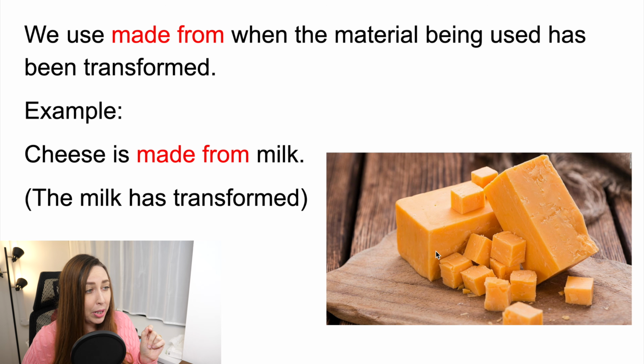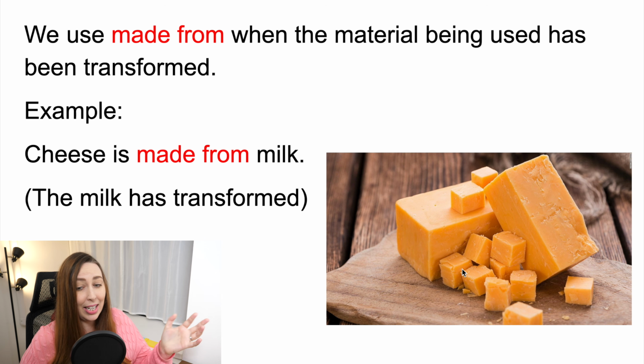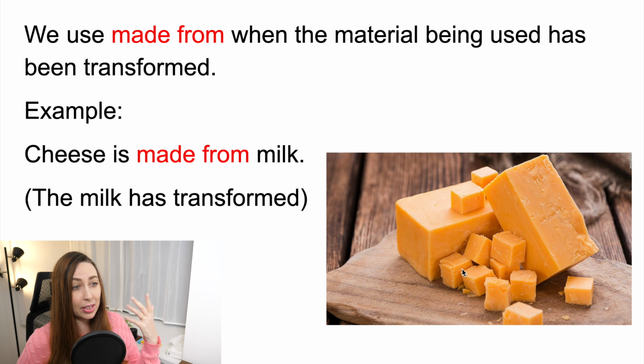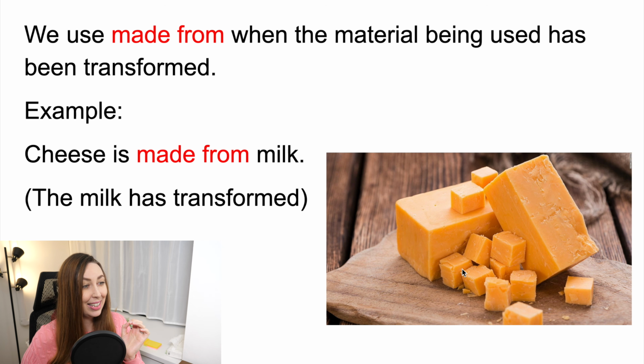So if we look at cheese, you can't see the milk anymore. It's been mixed in and it has totally changed. It's changed shape and texture and everything. So we can't see the milk anymore, so it's been transformed. The best one to use is made from. Cheese is made from milk. Okay? Are you following? Very good.